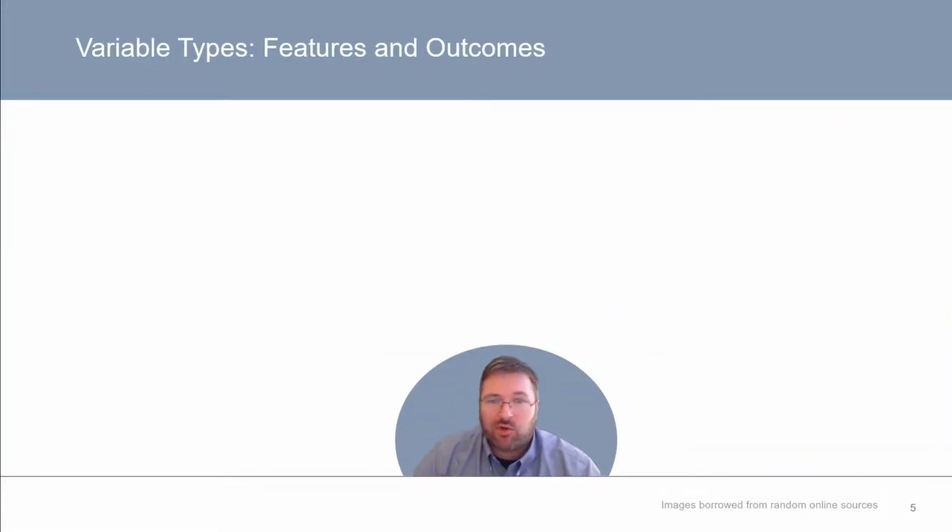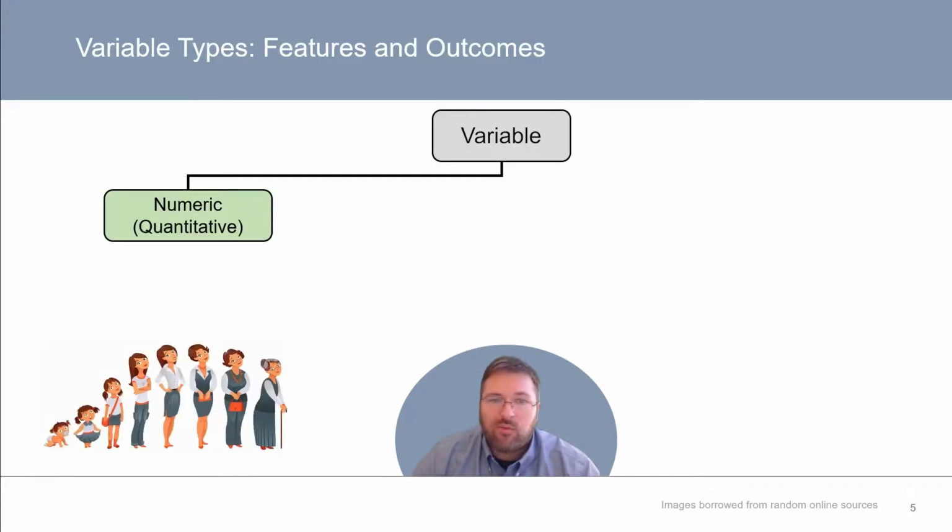One important consideration for data science is the variable types. Understanding variable types is important for selecting the right analysis methods and ensuring downstream machine learning treats respective variables appropriately. Let's quickly review different variable types. This is applicable both to feature and outcome variables. First off, a variable can be numeric, otherwise known as quantitative.